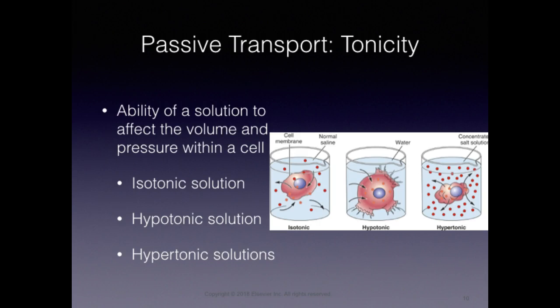Sorry, the hypotonic one will burst and die. The hypertonic one will just shrivel up and die. So in nursing, they have intravenous solutions that are isotonic so that they won't cause damage to our red blood cells.